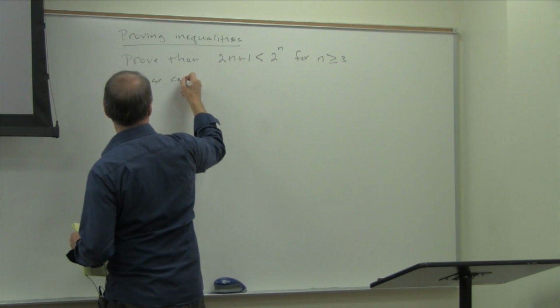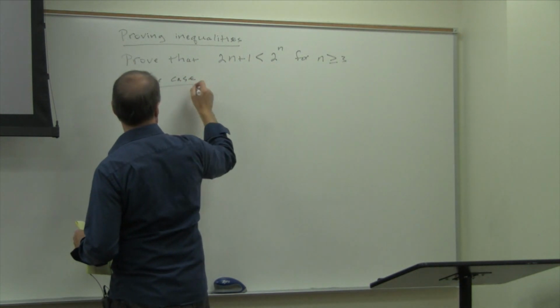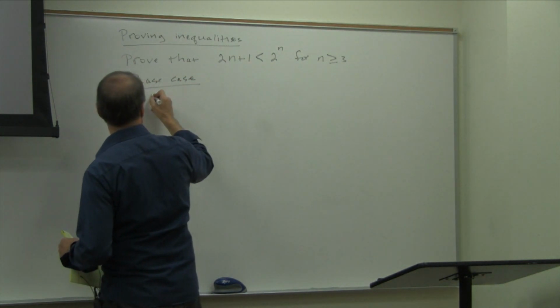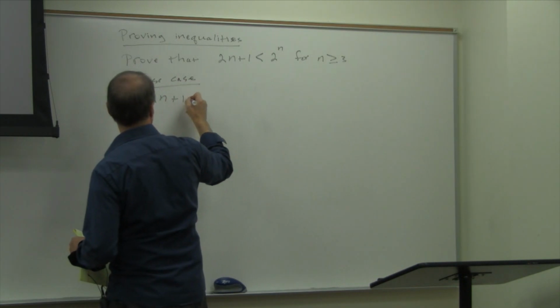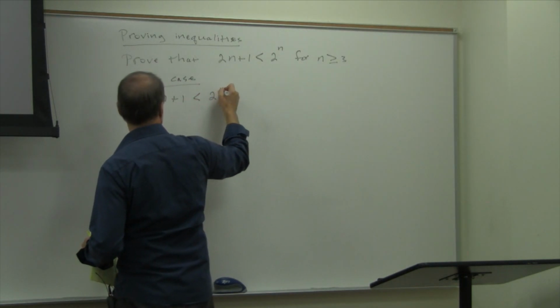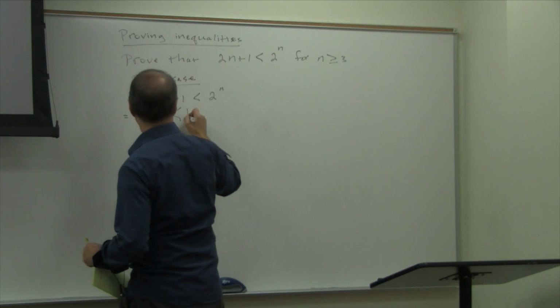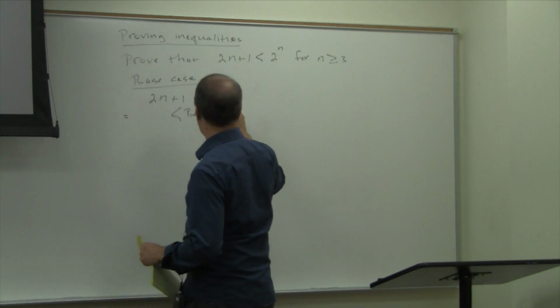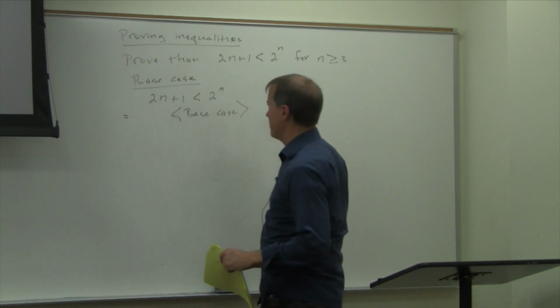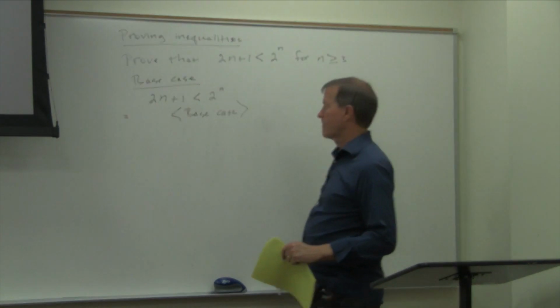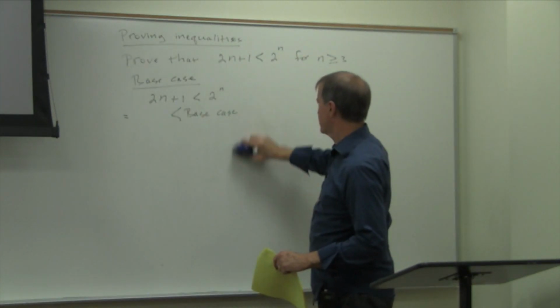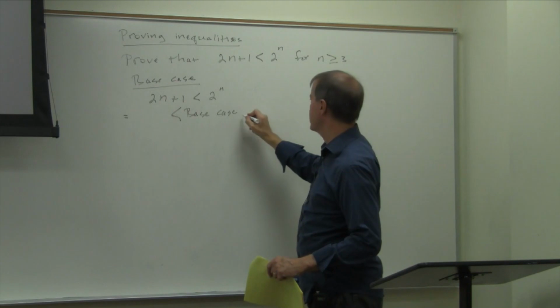Base case. So what do we write down? We write down the whole thing: 2n plus 1 is less than 2 to the n. And we have to say what n is. Base case, n equals 3.